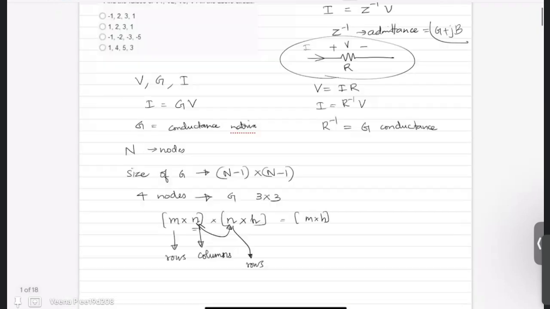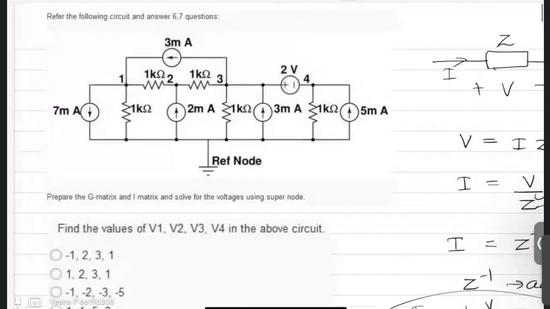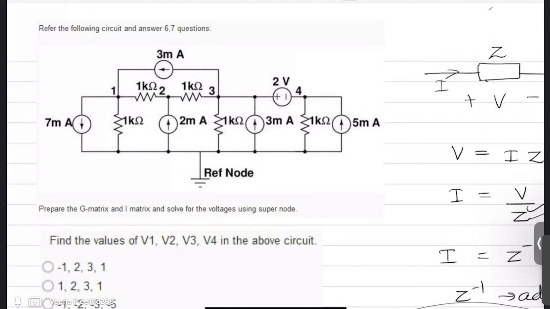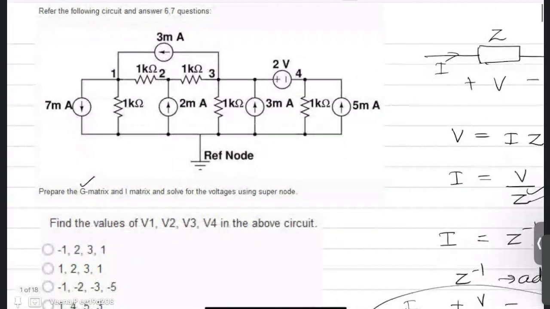Now, let us go to our question. So, given this circuit, you have to prepare the conductance matrix and current matrix and solve for the voltages. Means that I is equal to G times V. You have to find what is your G and what is your I, and in turn you have to find what is your V. Because this will be known and this matrix will also be known, whereas V is the unknown matrix which you have to find out.